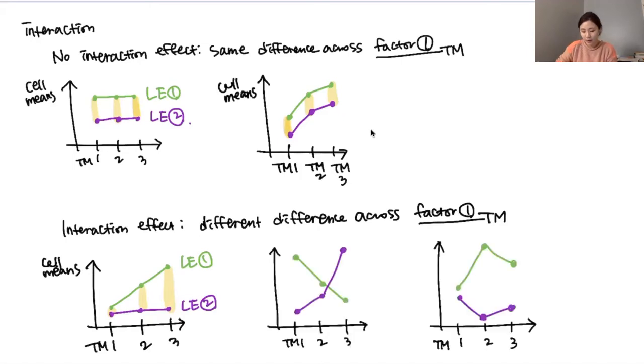In these two graphs, the difference between learning environments is this one, this one, this one. The amount of difference is different according to the teaching method. Here we have this difference in teaching method 1, in teaching method 2 this amount of difference, and this amount of difference for teaching method 3. That is why in these three cases, we have an interaction effect.